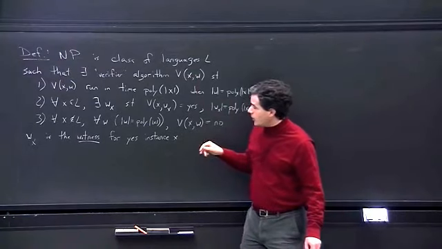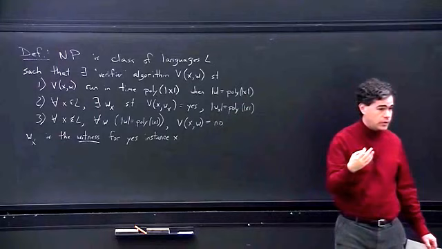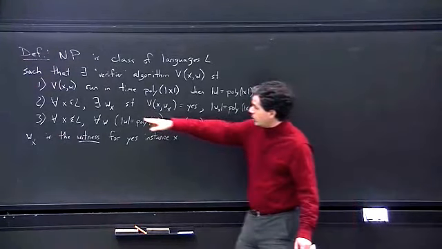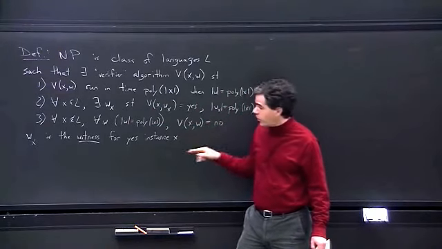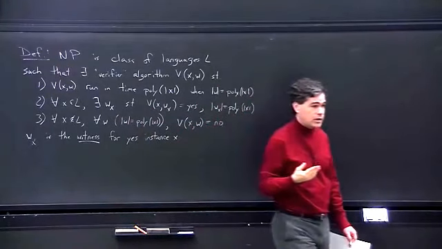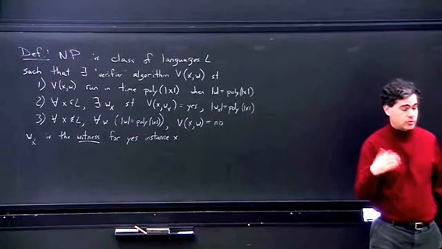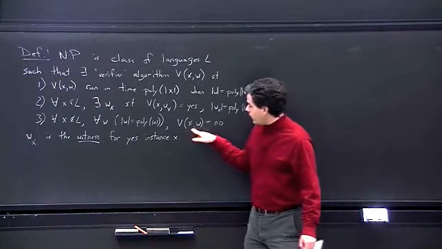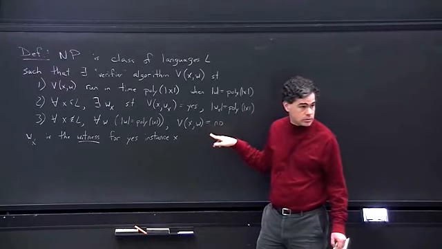If you're given a yes instance, there's supposed to be a witness that proves this is really the correct answer. That's this witness w_x. Then you run the verifier algorithm, and it's supposed to output yes. On the other hand, if it's a no instance, then there shouldn't be any way to prove that the answer is yes, because it's not. So if you run the verifier with any witness, it will output no. OK?